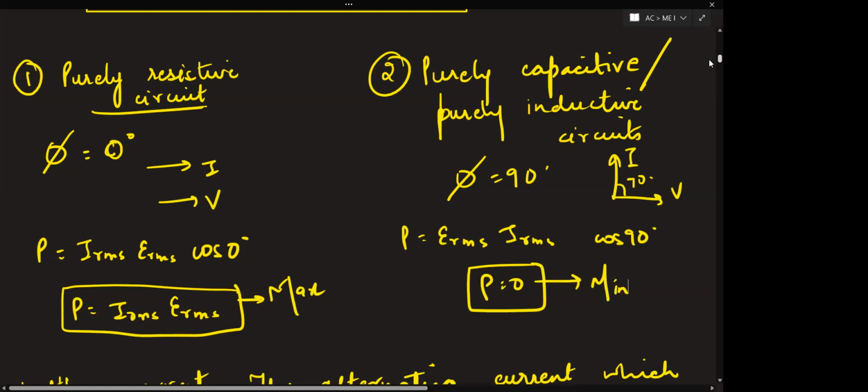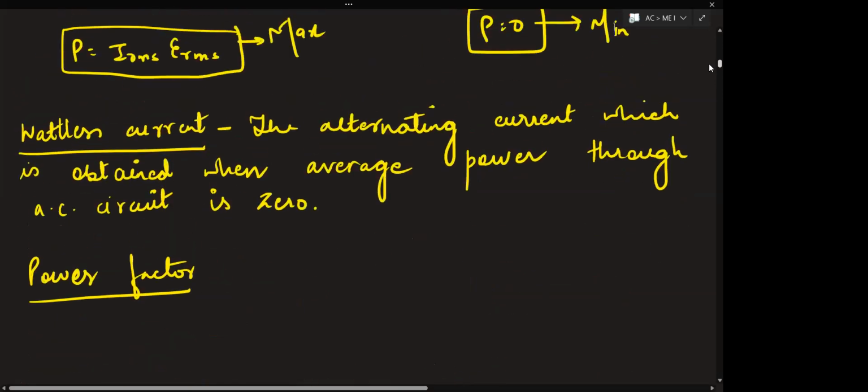Now, before you copy this down, one small term has been added into your syllabus this year. So a lot of chances are there that wattless current can be asked in the exam. See what is meant by wattless current. Definition is already written: the alternating current which is obtained when average power through the AC circuit is 0.